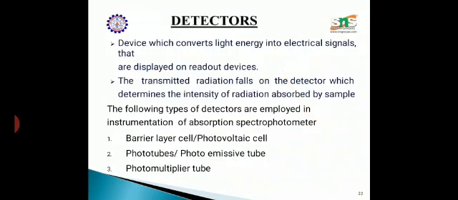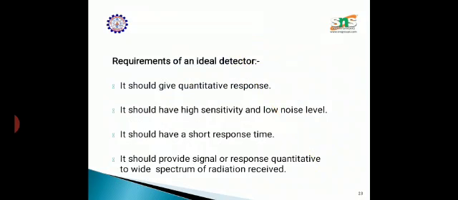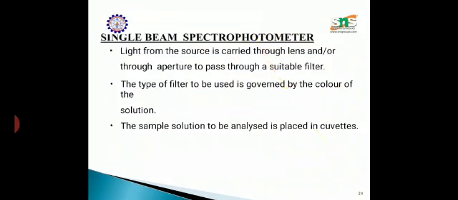There are three types of detectors in ultraviolet spectrophotometers: the barrier layer cell or photovoltaic cell, the photoemissive tube or phototube, and the photomultiplier tube. The ideal detector should give a quantitative response, be highly sensitive, and have a short response time.